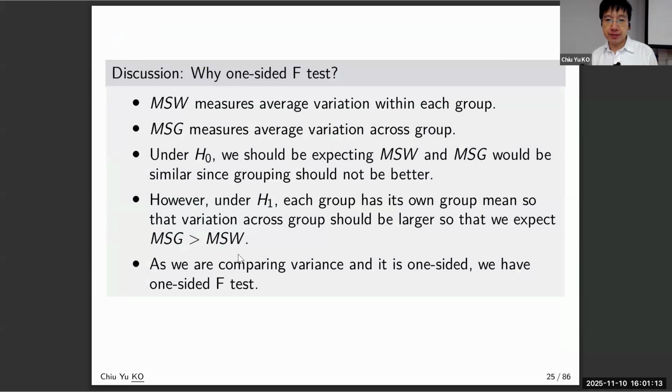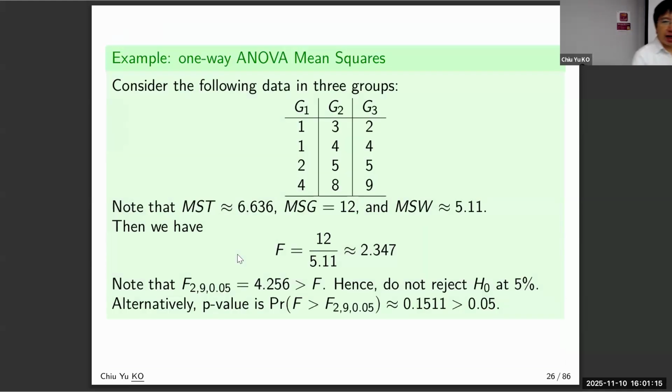What is important is to determine whether they are the same or not. In this example, you look at the ratio of MSG over MSW, 12 over 0.5, the variances estimated by these two.